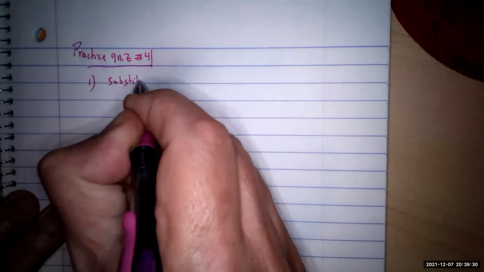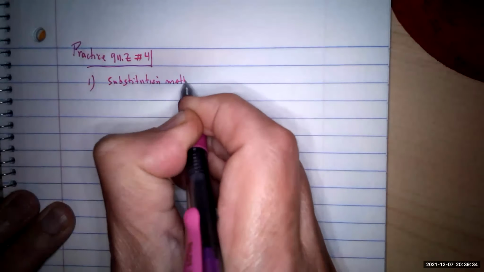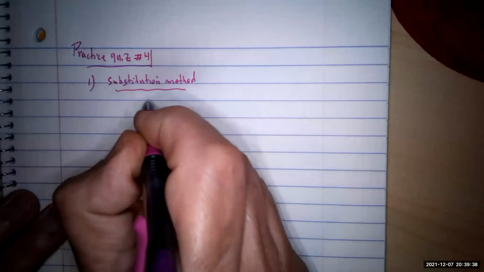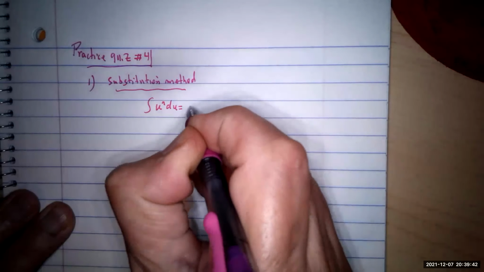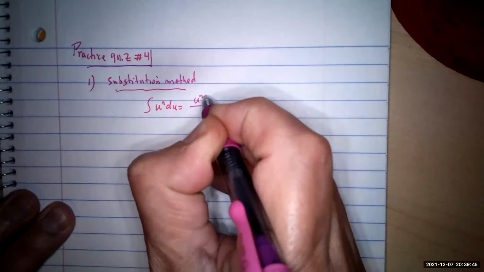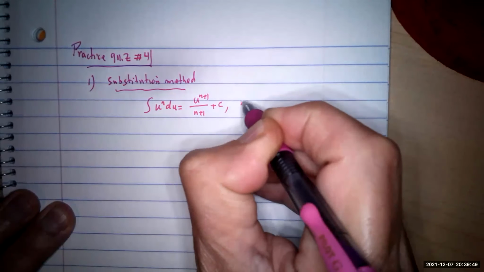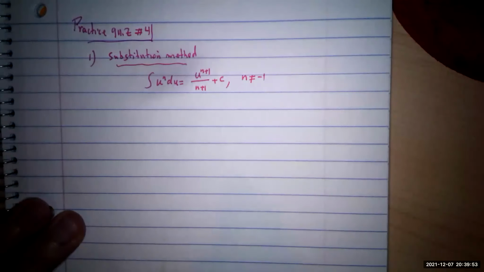Okay, so that's going to be the substitution method. And you know that you have only one formula. So the integral of u to the n du is going to be u to the n plus 1 over n plus 1 plus the constant c all the time, except when n is equal to -1.